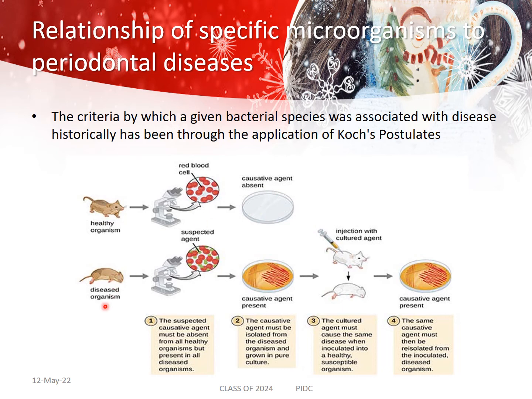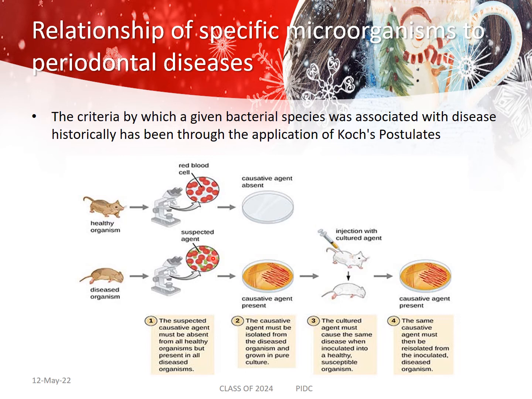In the same way, if you have a diseased rat or diseased individual, and on their slides you are able to see the suspected agent, it could be bacteria, virus, or fungi causing the disease for the patient.